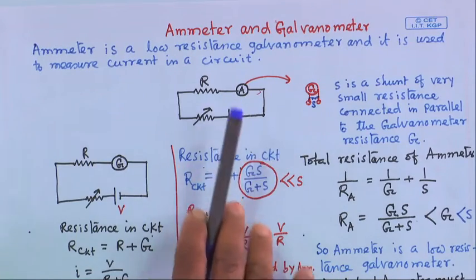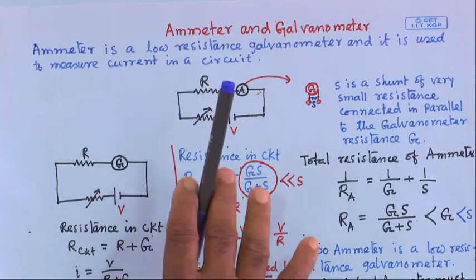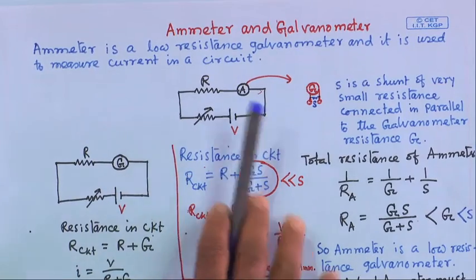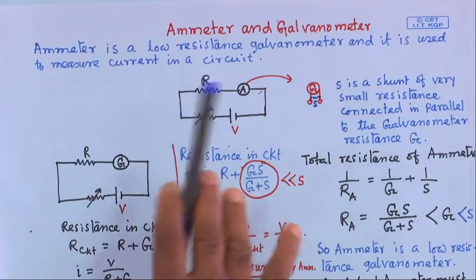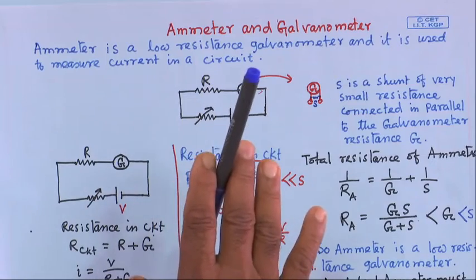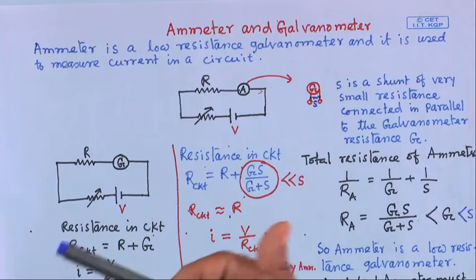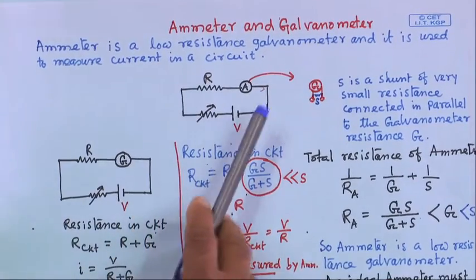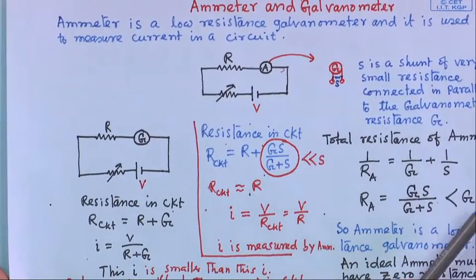That is why a galvanometer is used to basically measure the direction of the current and just approximately the magnitude of the current. It cannot give the accurate current. If you want the accurate current in the circuit, you have to use an ammeter. That is the difference.